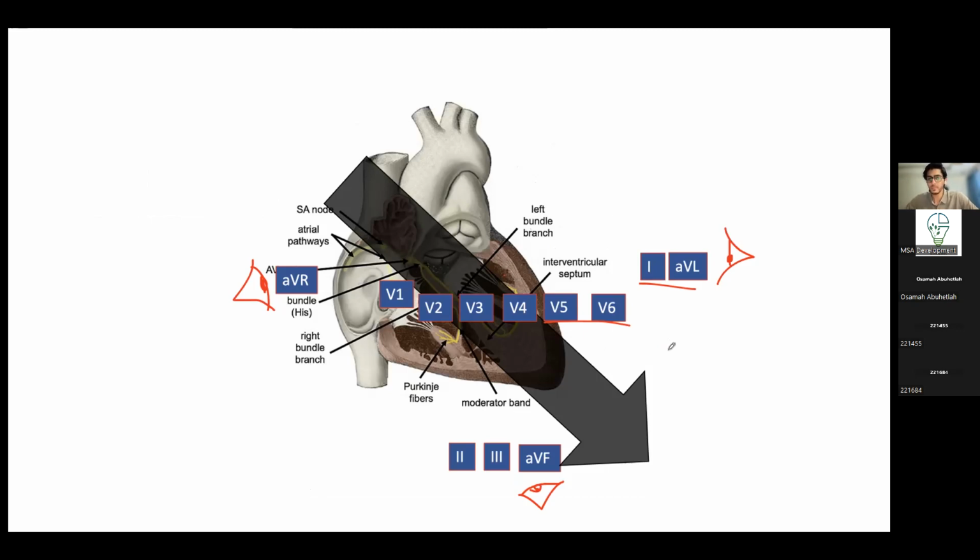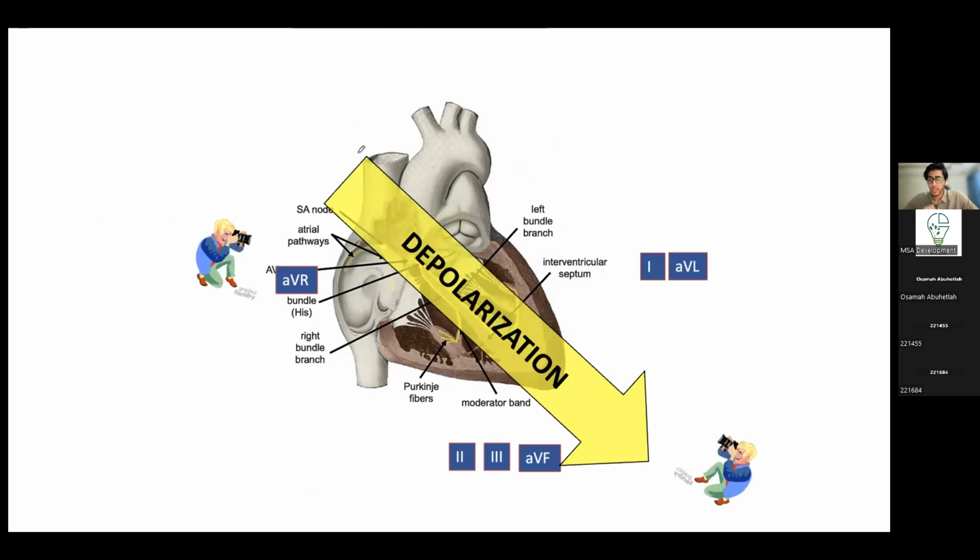Now let's apply another principle that we've learned. Generally speaking, the wave of depolarization, the wave of electrical activity in the heart, is going towards the apex, along the anatomical axis of the heart. Let's say I'm looking at the heart from this point right here, taking a photo from here.